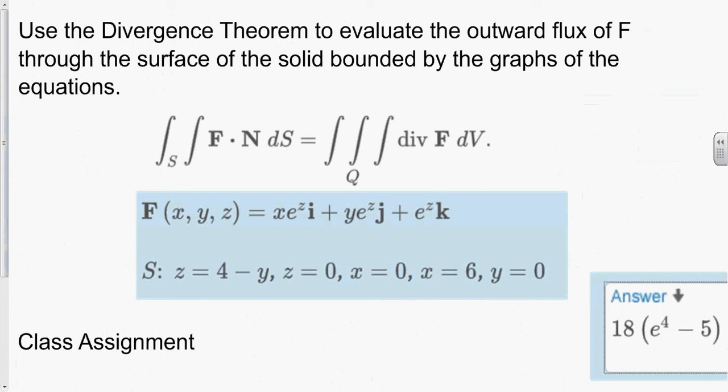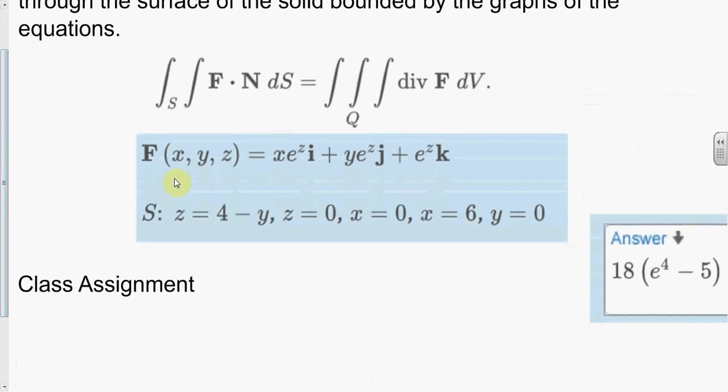The divergence is just 3e to the z, for that divergence. You have your bounds there for S. This is e to the z plus e to the z plus e to the z, 3 times e to the z. And then S is bounded here.